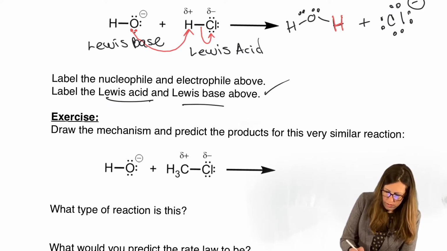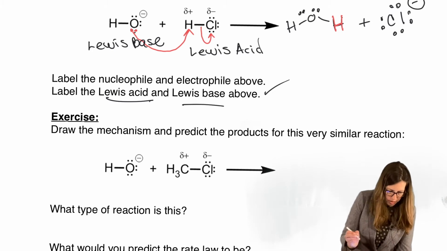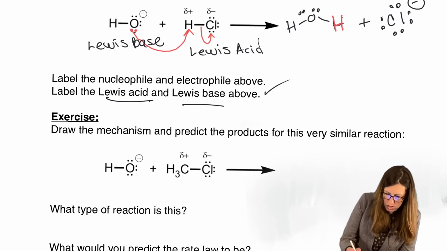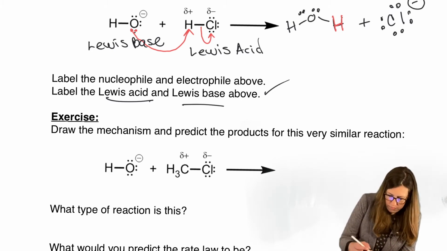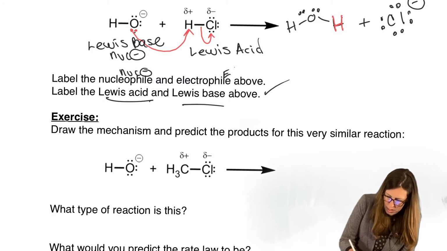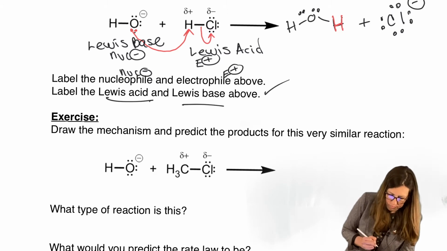Nucleophile. Who's the nucleophile? Nucleophile means loves the nucleus. So negative would love the nucleus, right? So I'm going to abbreviate because we use this term so much. This is our nucleophile. And electrophile, I'm going to abbreviate U+. That's convenient because that's our electrophile right there.